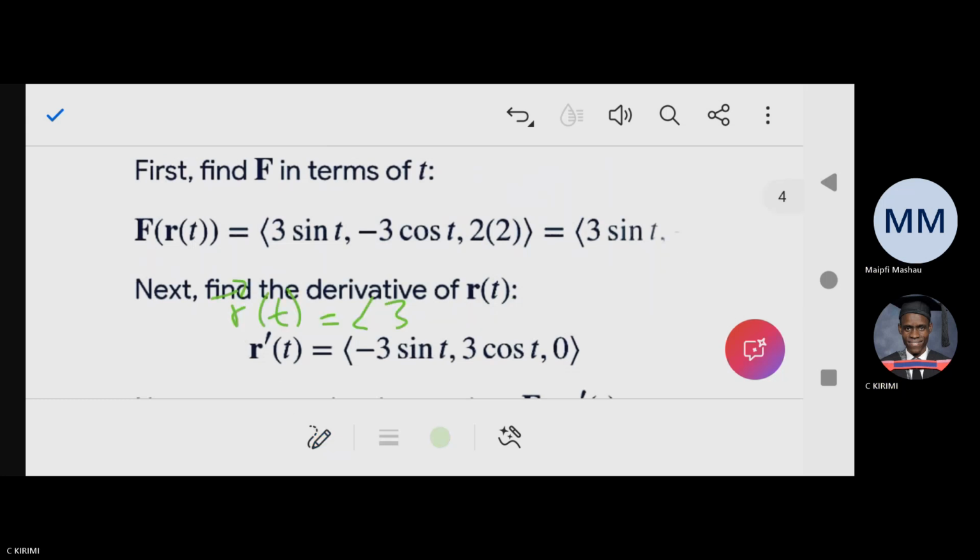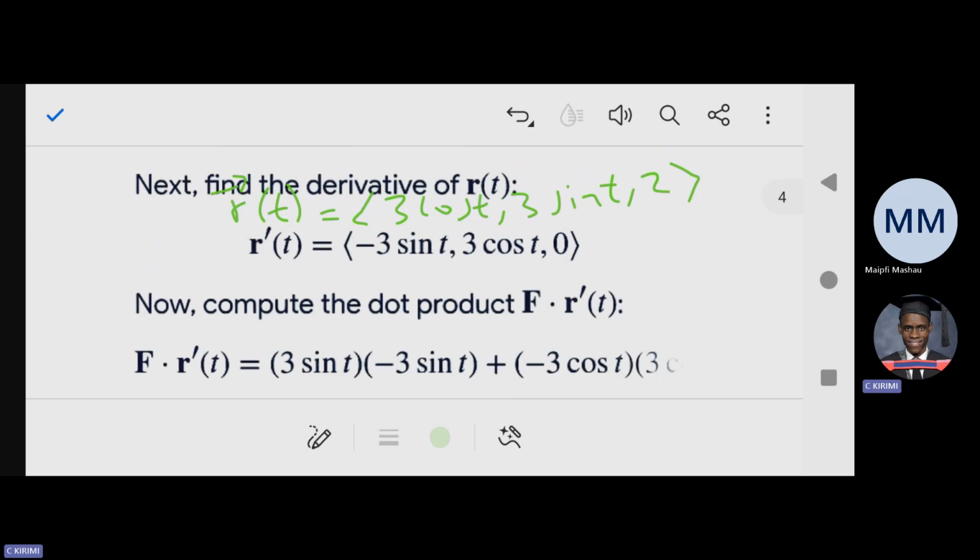Yes. So now what we are referring to as r prime of t, this is what we are referring to as dr. Where we are going to replace dr, we are going to replace dr with r prime. Any question? No, nothing.